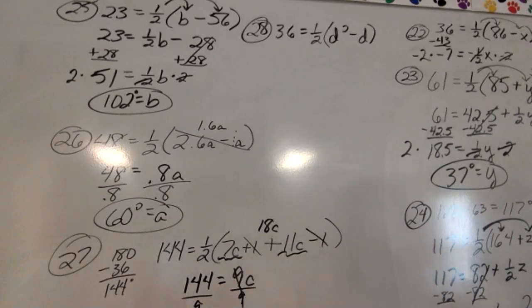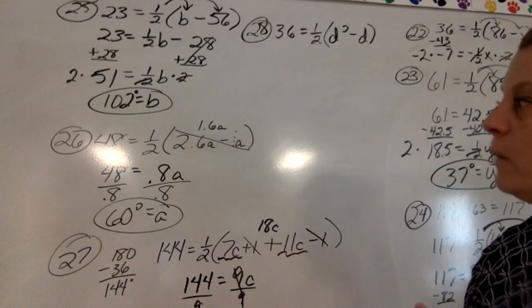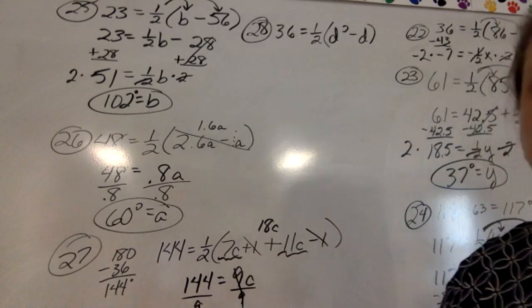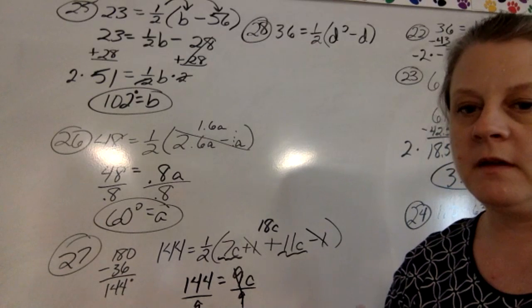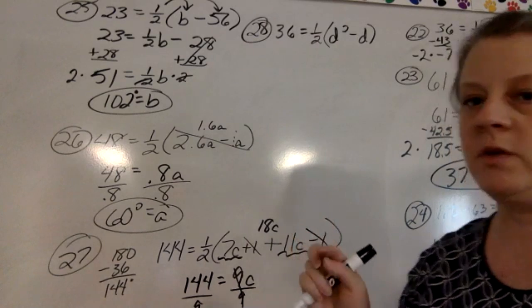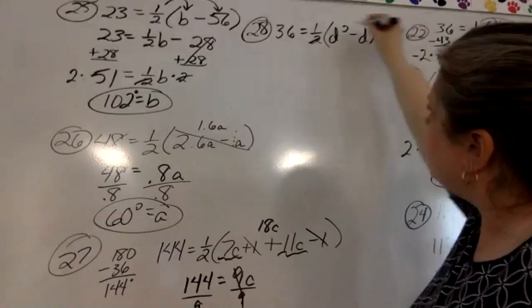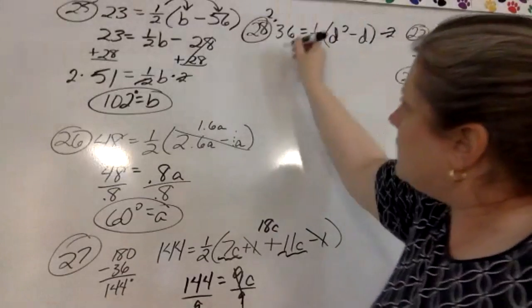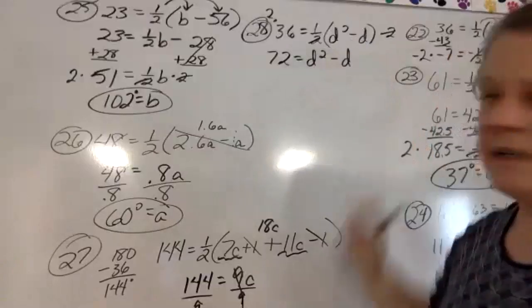Now, most of you don't want to have a bunch of fractions in there. If you want, you can get rid of the fraction first. How do we get rid of the half? We multiply by what? 2. So if I multiply both sides by 2, that gets rid of that fraction, so I have 72 equals d squared minus d.